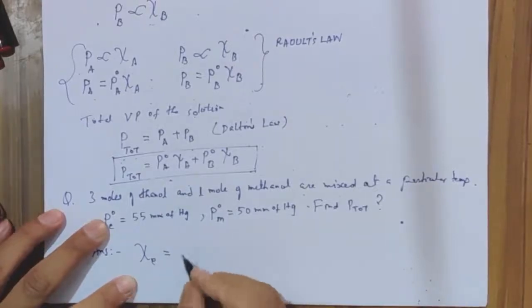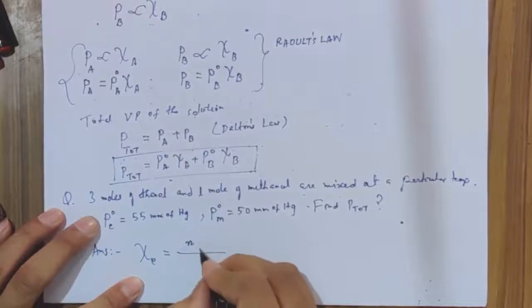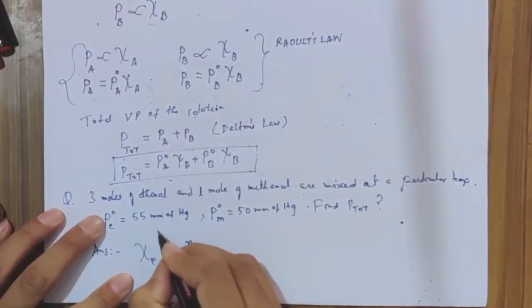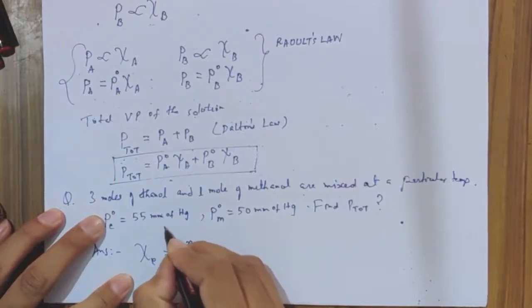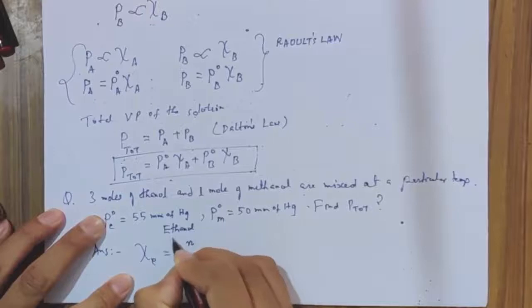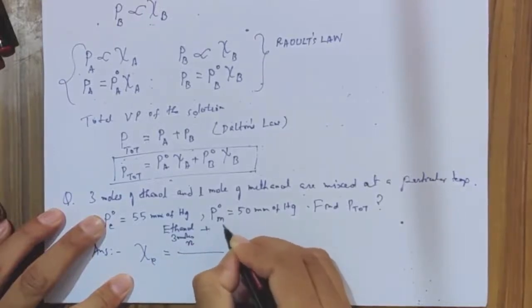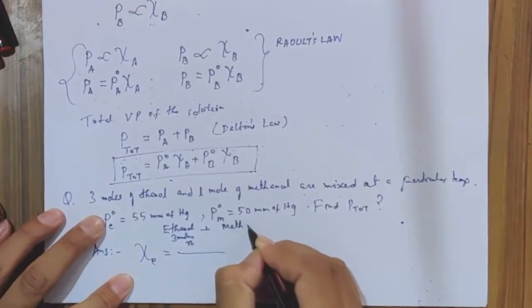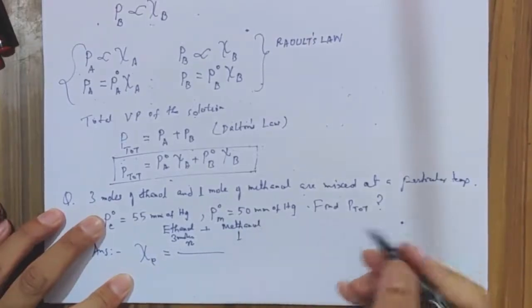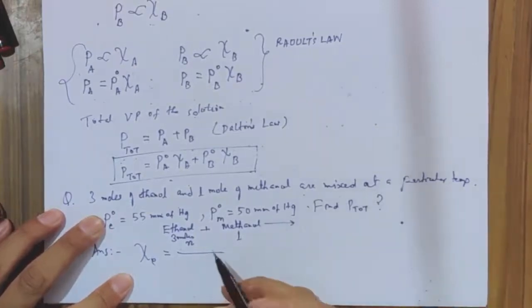First the mole fraction of ethanol. Ethanol is 3 moles plus 1 mole of methanol, so the solution is 4 moles.